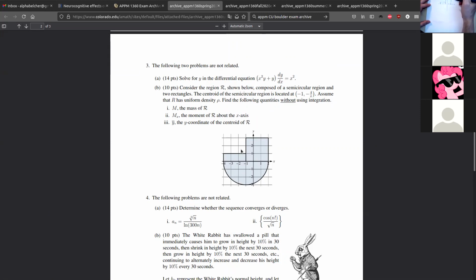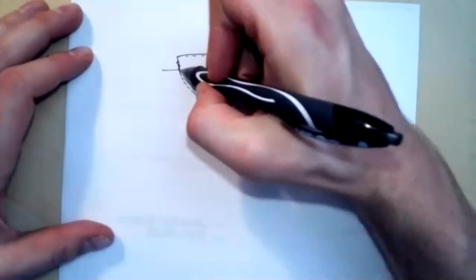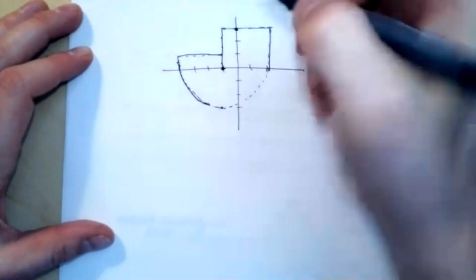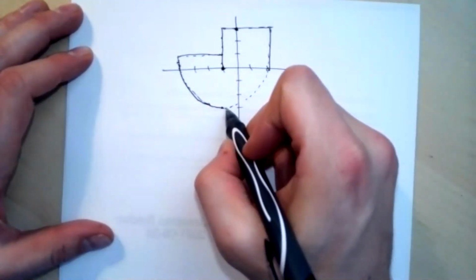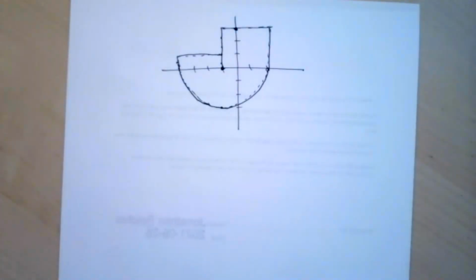And then it looks like we've got a circle. Center is at -1, and the radius is 3.